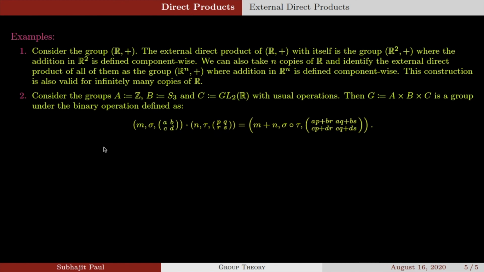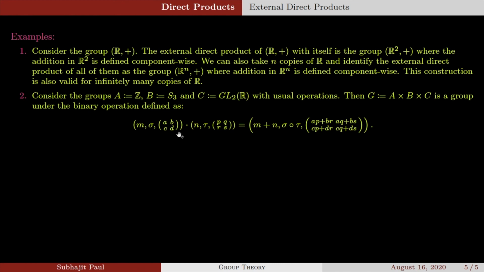So m is an integer, sigma is a permutation from S3, and (a b; c d) is an invertible 2 by 2 real matrix.